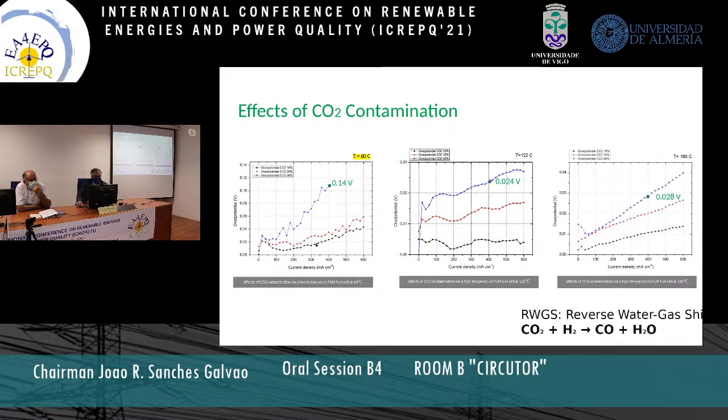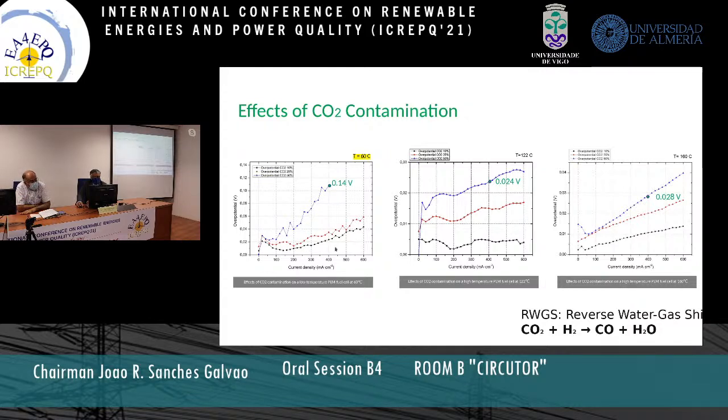And the graph shows the overpotential, which is a bad thing. It reduces the useful voltage of the cell. This is caused by thermodynamic irreversibilities. On the horizontal axis, we see current density in milliamps per square centimeter.